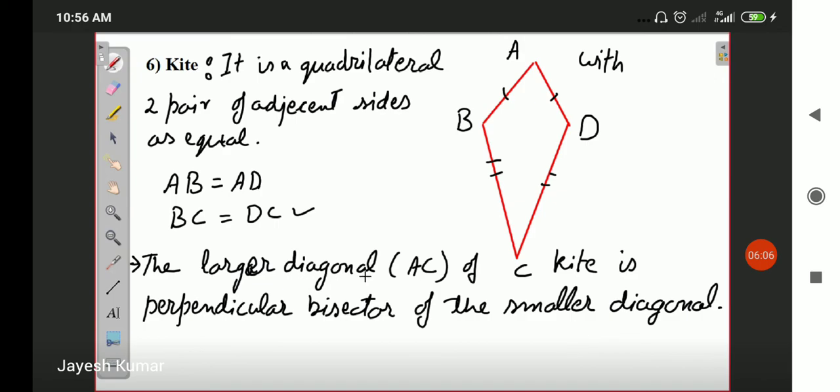The smaller diagonal is BD. That means if I say that this point is E, then BE and DE are of equal length, as well as line AC is perpendicular to BD.